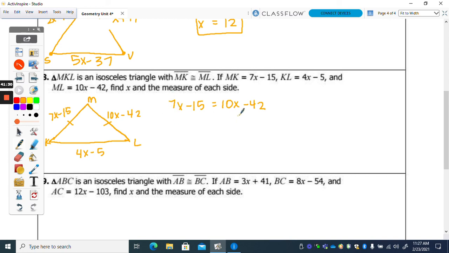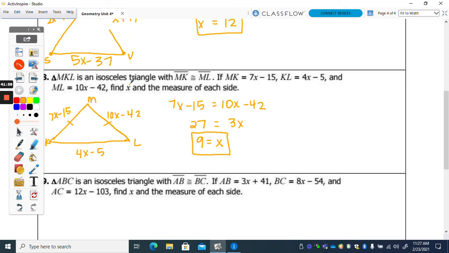Subtracting 7x from both sides, that gives me 3x. And adding 42 to both sides, that gives me 27. So 9 is equal to x, or x is equal to 9.